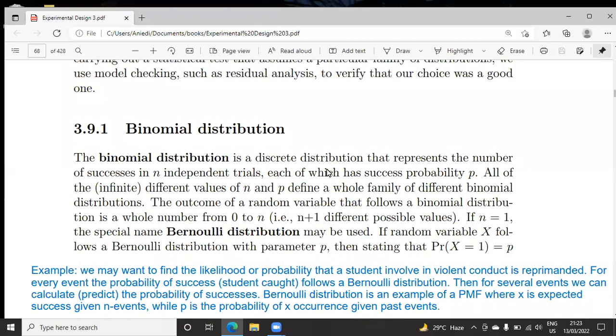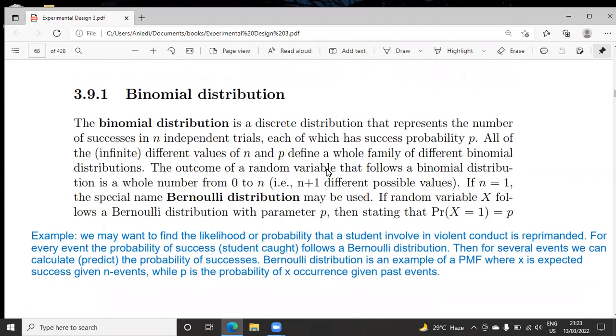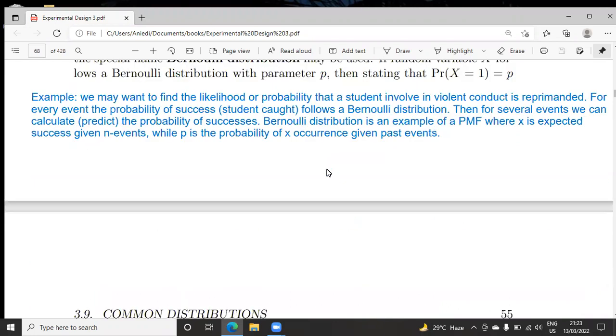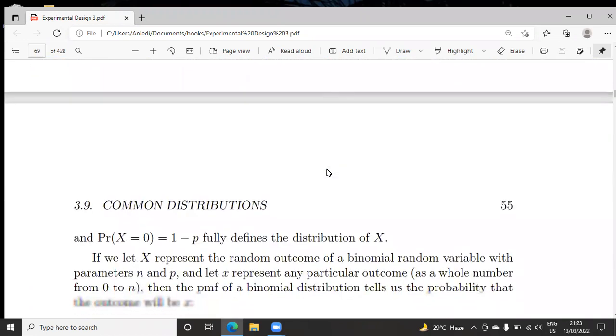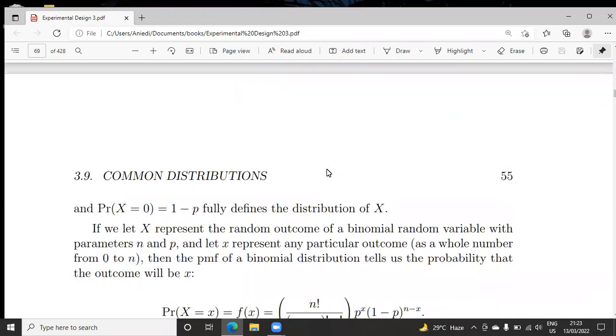If random variable x follows a Bernoulli distribution with parameter p, then stating that the probability of x equals 1 is p, and x equals 0 is 1 minus p, fully defines the distribution of x.